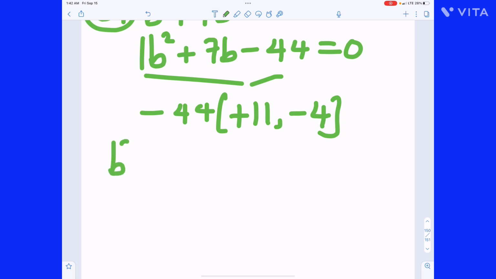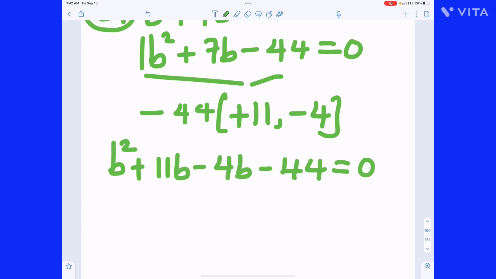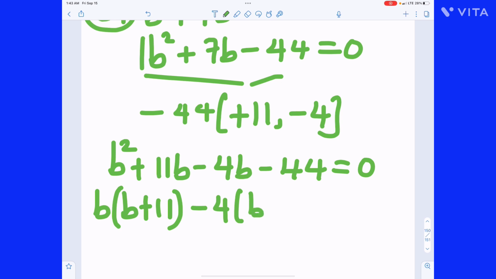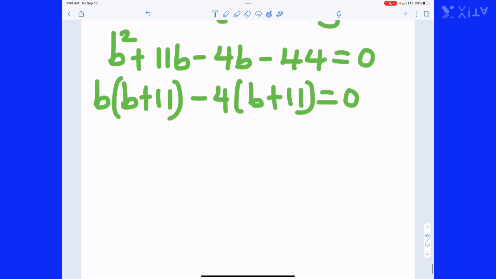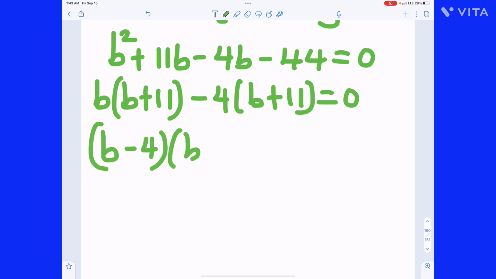I'm supposed to write b squared plus 11b minus 4b minus 44 is 0. So b plus 11, b minus 4, b plus 11 is 0. That gives me b minus 4 times b plus 11 is 0.